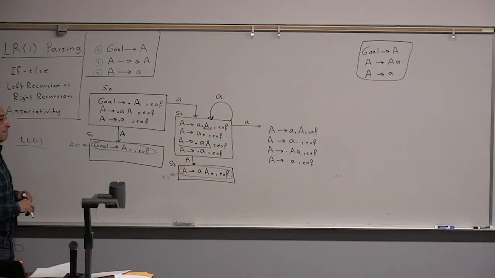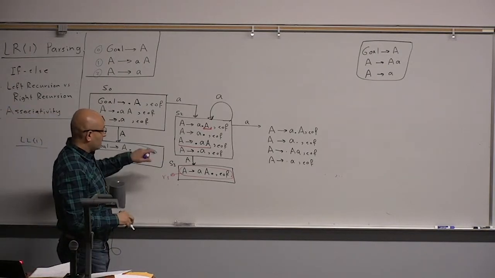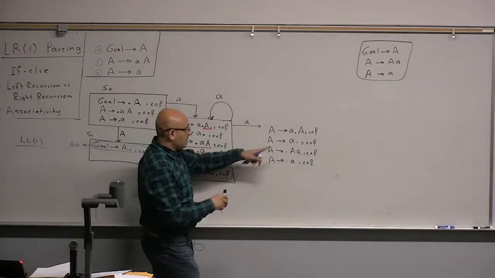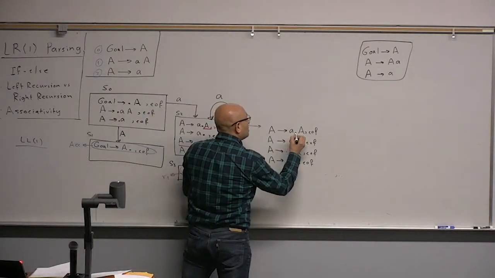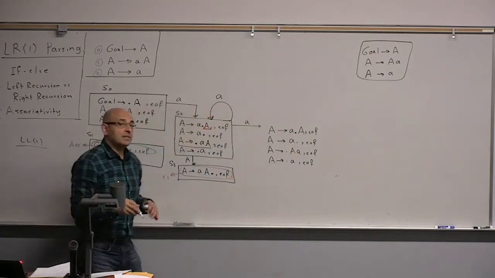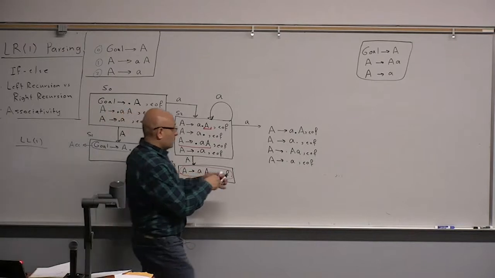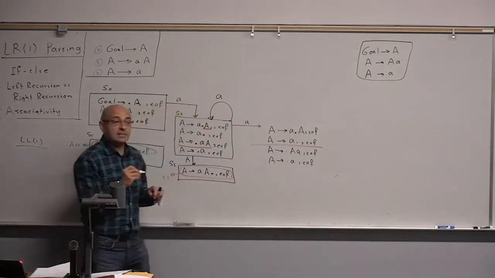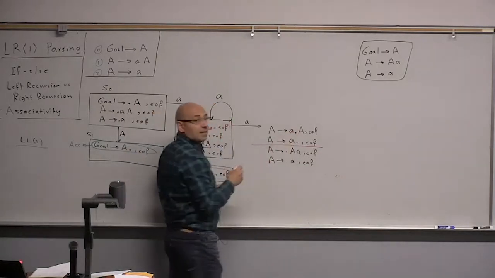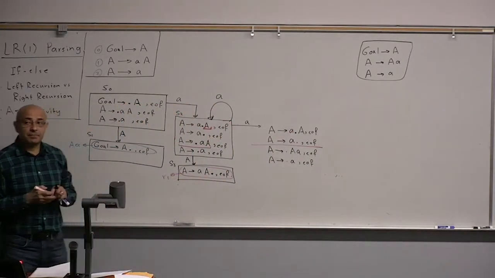How did you get capital A again? Sorry, which one? On the third line. By expanding the A. So always, we said whenever you have a state, the first question is: is there an expansion? Second question is: is there a reduction? So we did this. Is there an expansion? The answer is yes, because this is a non-terminal. So we expand the A. I think what you mean is you wrote it wrong.